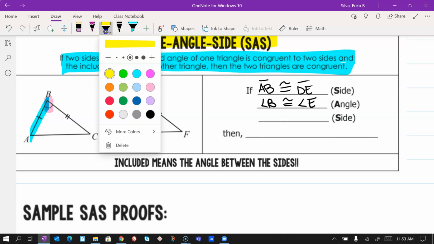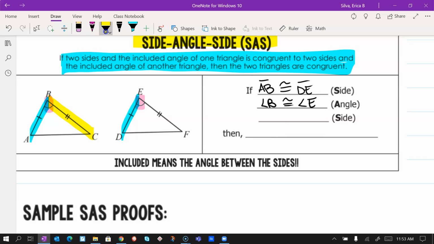And then we have the side BC congruent to EF. So we have our side, our included angle, and the other side. If those three are congruent, then we have enough information to say that the triangles are congruent. So we can say that ABC is congruent to triangle DEF.